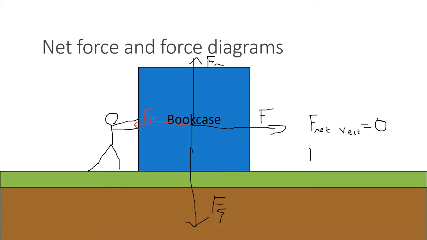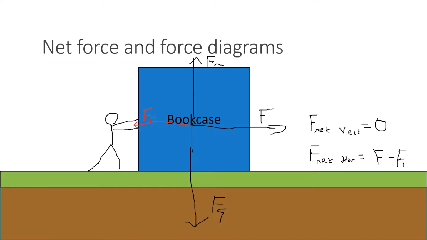We could say the F net horizontal is going to be equal to the push force minus the frictional force.